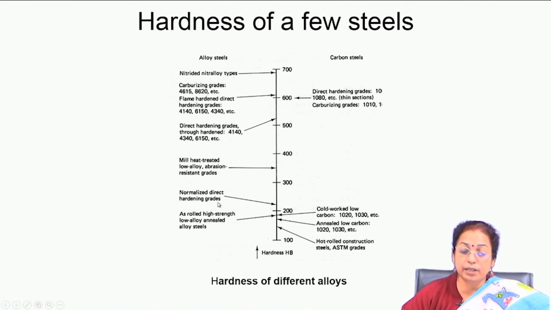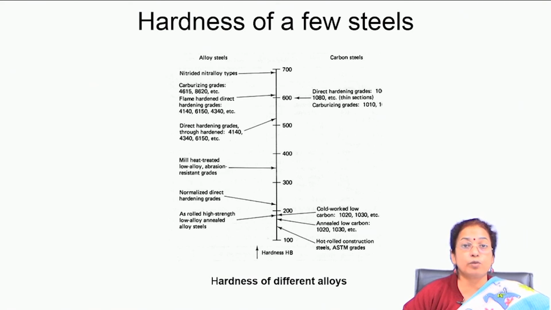It is very much dependent on the microstructure and composition of the different materials. If you talk about iron and steel, the hardness varies from, for example, 100 HB to 700 HB. Copper and its alloys have quite low hardness, and aluminum and its alloys have even much lower hardness.